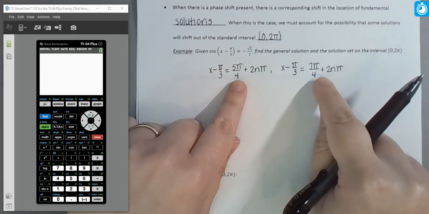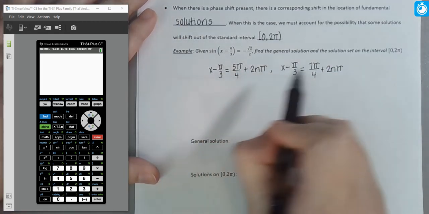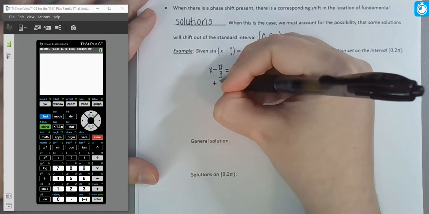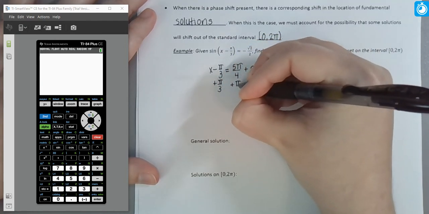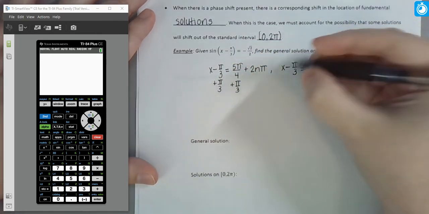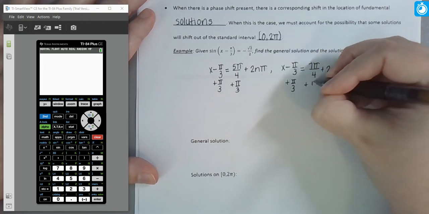However, 5 pi over 4 and 7 pi over 4, those are just constants. So those are going to be the terms that we combine with the pi over 3. So I'm going to add pi over 3 to both sides and again combine it with the correct term. It doesn't combine with both, it combines with the like term. And I have to do it on both equations, both formulas.